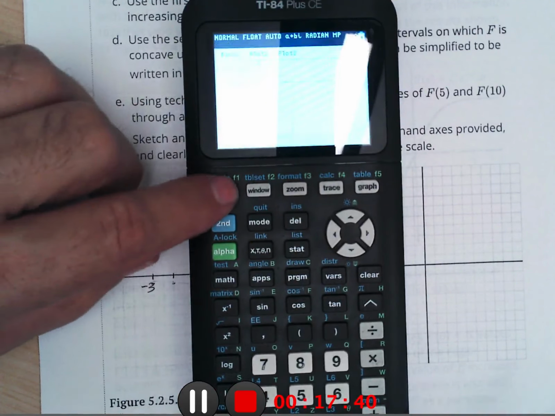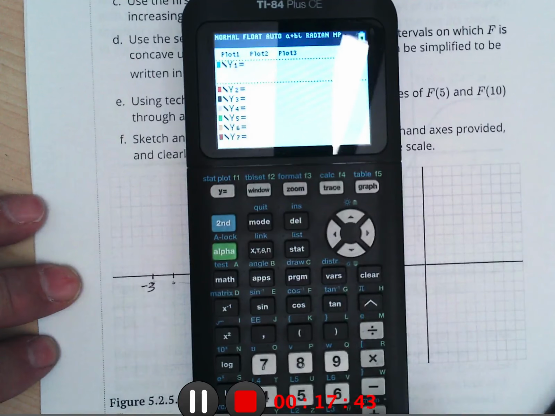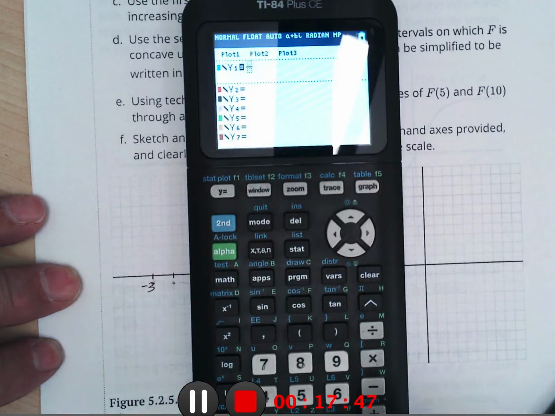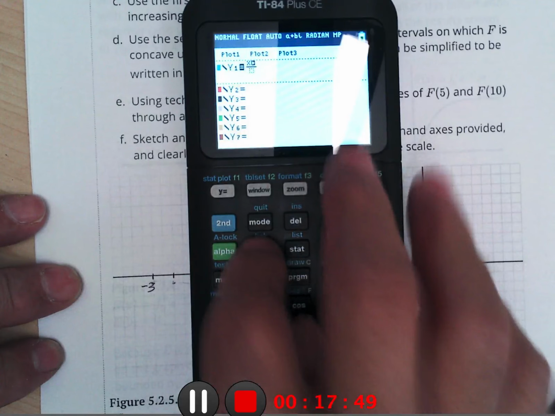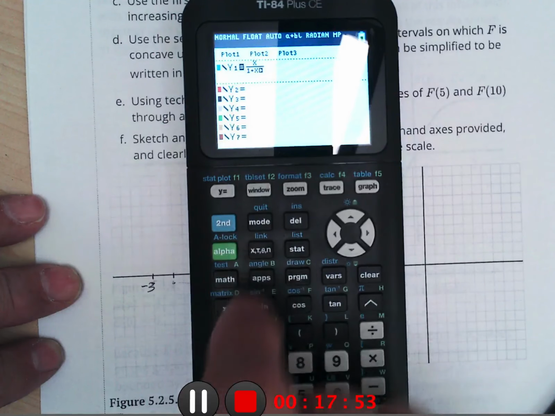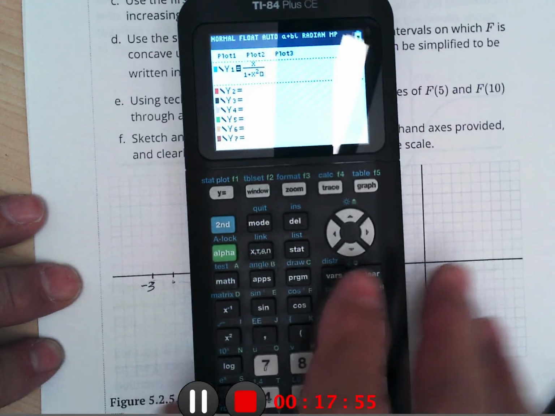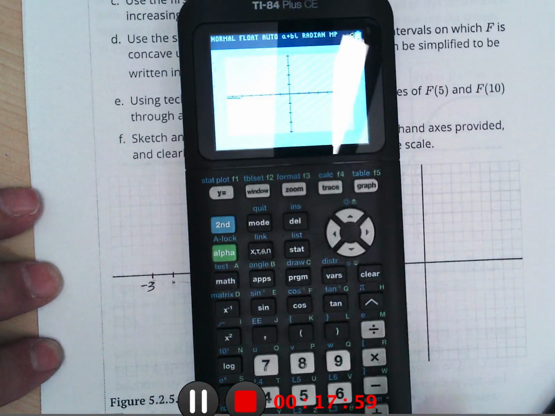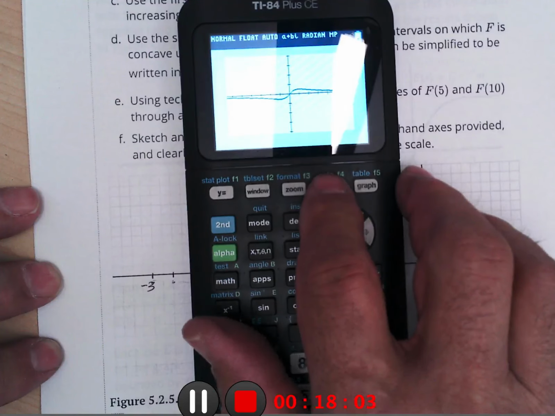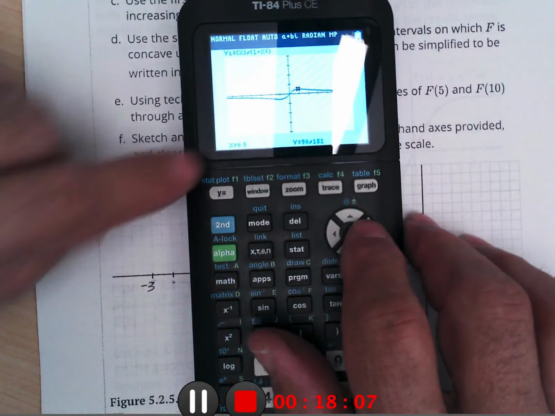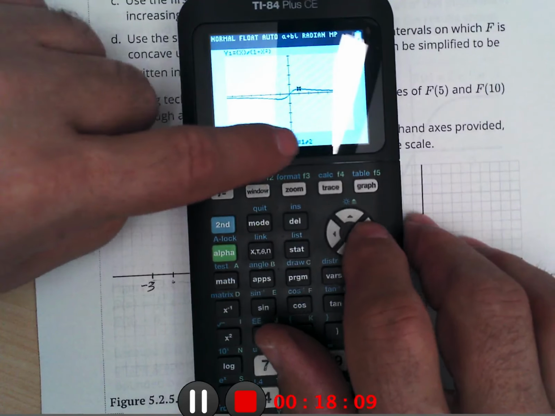So clear that, and we have alpha y, we get a fraction, and it's x over 1 plus x squared. Now, it's not really x, it said t, but for the calculator we have to do that. And if I do trace, you can see at 1, it's 1/2.